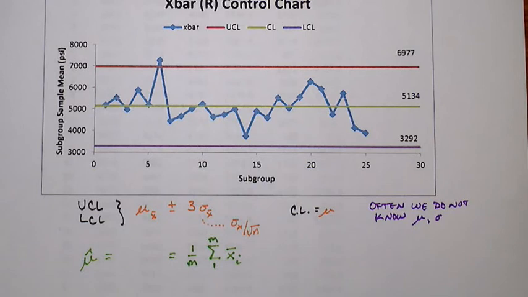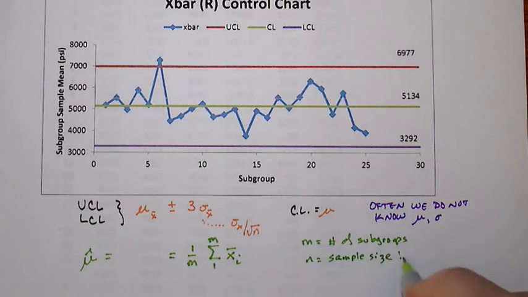Crucial here in our notation, particularly coming from Montgomery and Runger, is that M is your number of subgroups and N is the sample size in a subgroup. There's a special case of N equaling 1, but we'll deal with that at another time.